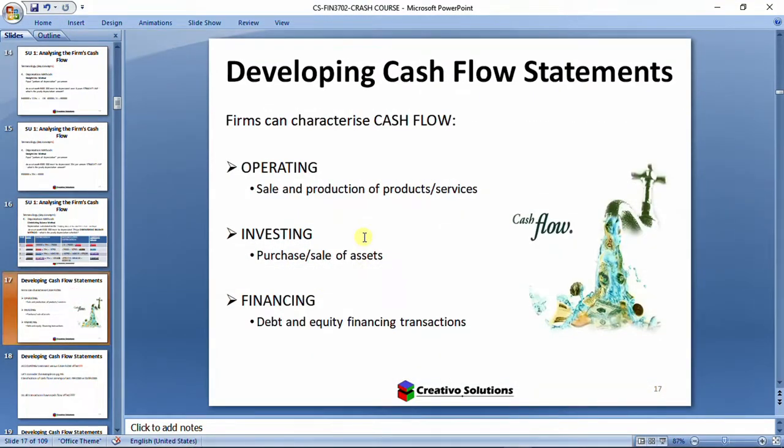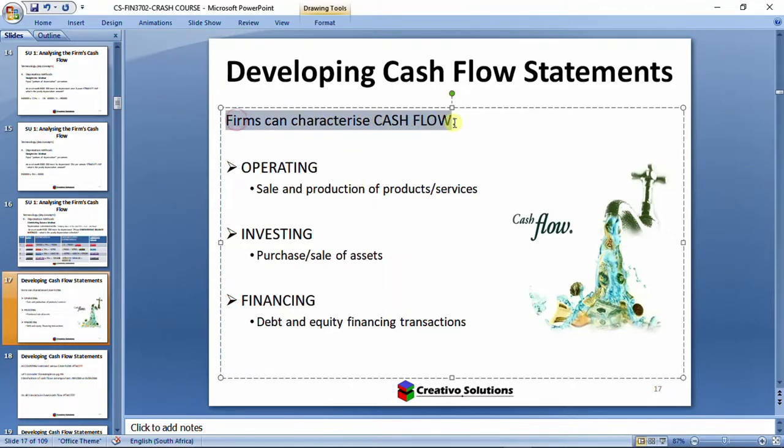All right, there's the note from your accounting knowledge. Okay, cash flow. Firms can categorize cash flow according to operating, investing, and financing. When you're looking at those cash flow statements, you'll see operating activities, investing activities, and financing activities. Operating is the day-to-day running of the business.